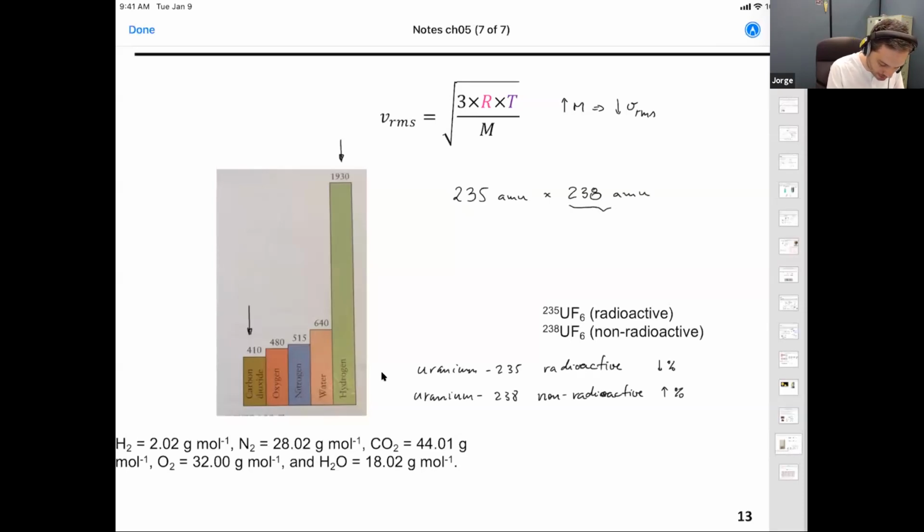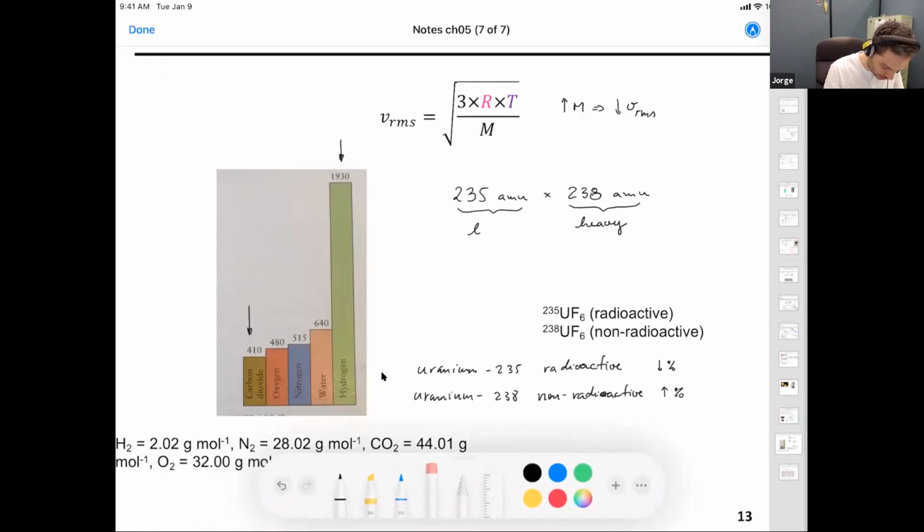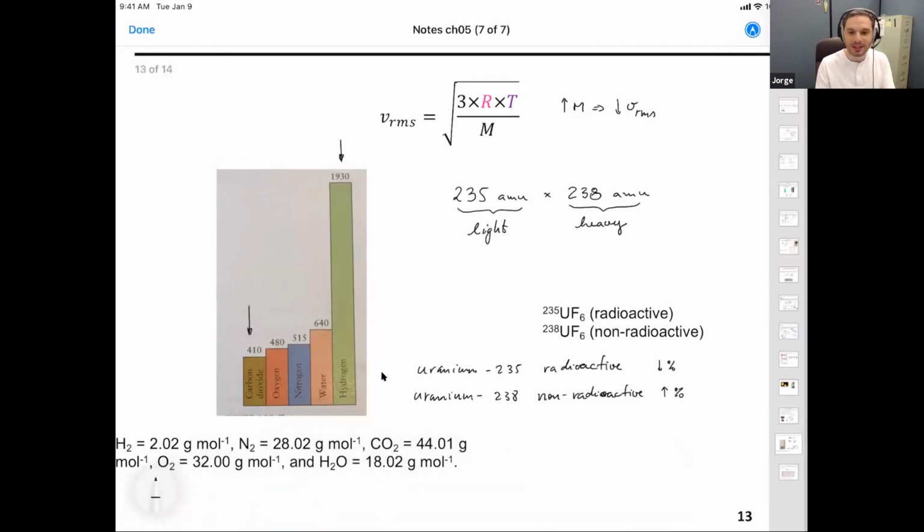So that means this is heavy and this is, oops, 235 is considered light. See that the difference is just 3 units of mass, but that will produce a difference in the speed at which they move across a line, for example.